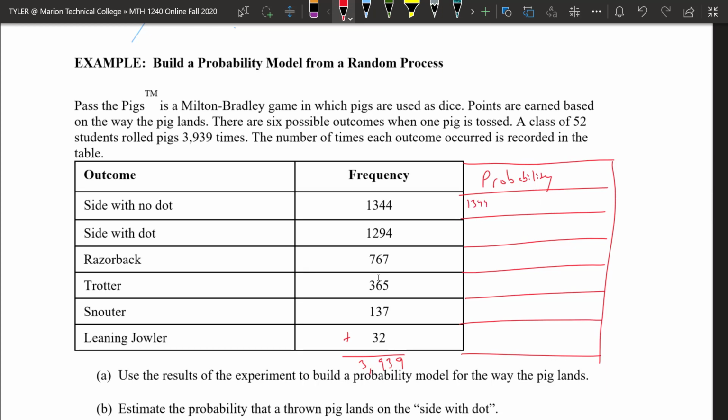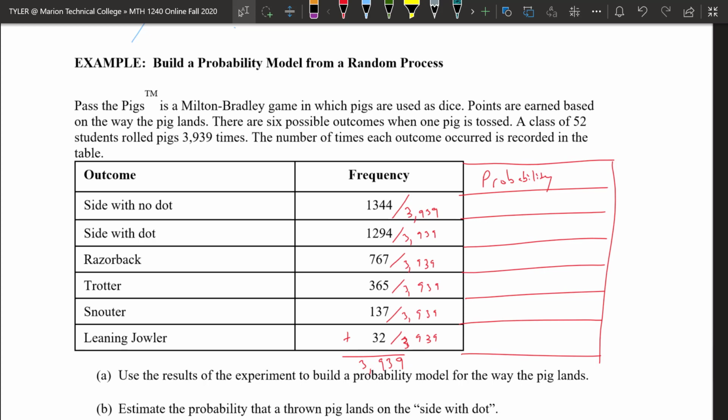So we're just going to take this number divided by 3,939, the total. You're going to do this for all of these, and then you can fill in the probability.